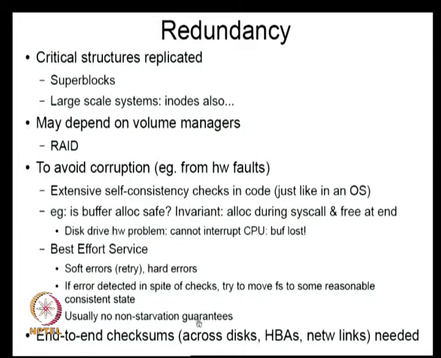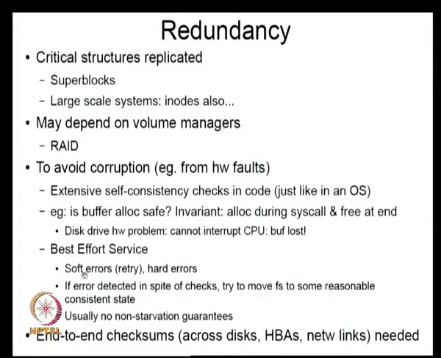Okay. Now, one of the things I mentioned is that these systems usually give only best effort service, there are no non-starvation guarantees. The reason why they can't do it is because the hardware itself is not giving any guarantees. Hardware can do arbitrary things. So, if you are trying to work around it, often you do not have a way of working around it.